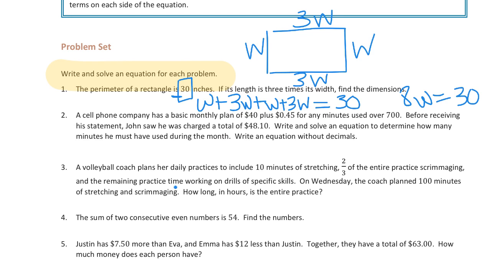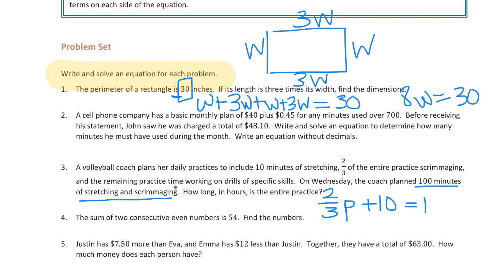So 2/3 of the entire practice is used for scrimmaging. 10 minutes is used for stretching. And the coach said on Wednesday the total 100 minutes includes the stretching and the scrimmaging.